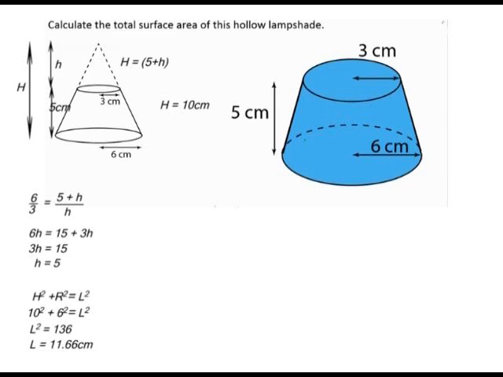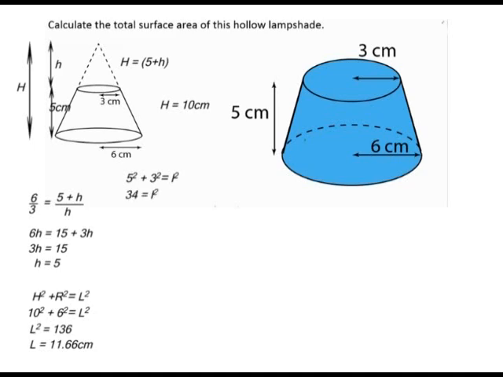We need the slant height of the small cone. We can use the Pythagoras theorem, h squared plus r squared is equal to L squared, or use the ratios, h capital over h small is equal to L capital over L small. Either will give us the same answer. And so using Pythagoras theorem, 3 squared plus 5 squared is equal to L squared. 9 plus 25 will give us 34.